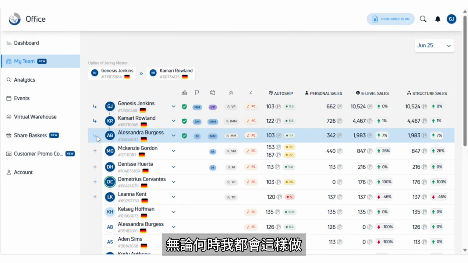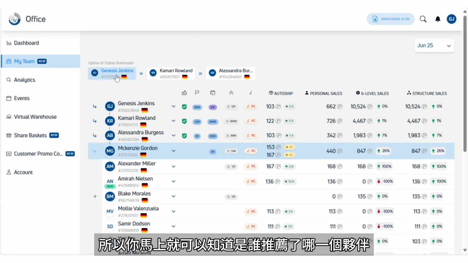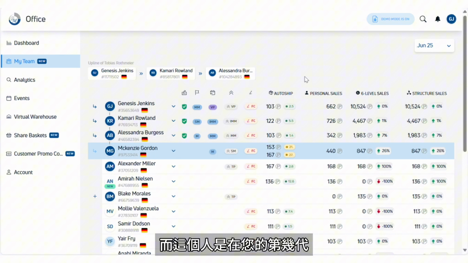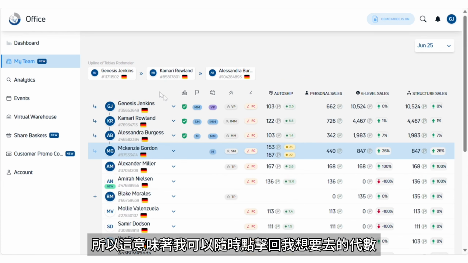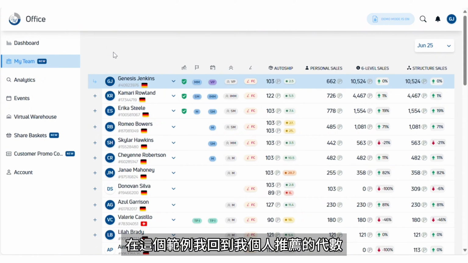And whenever I do that, you see on top the structure tree, so you know immediately who is the sponsor and the sponsor of the sponsor, and in which level this person is of you. Another helpful piece of information: I can always click on the level where I want to go back. In that example, the level of my personal sponsor line.